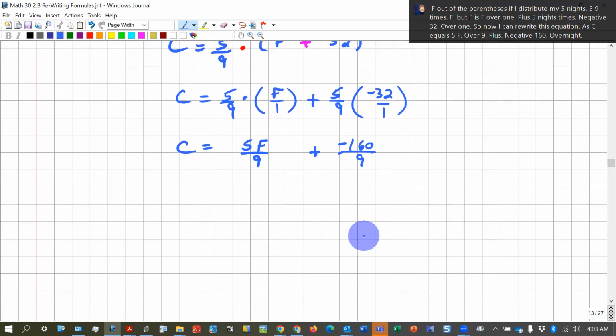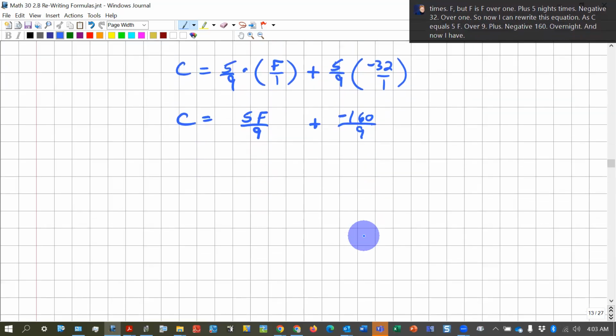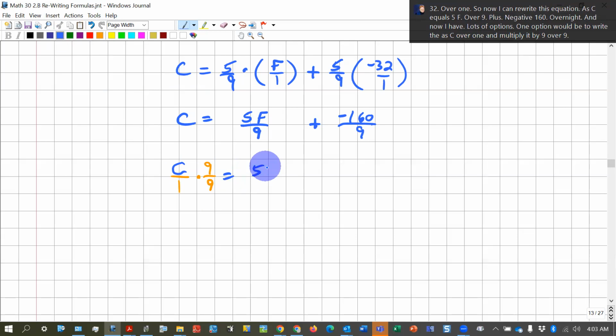And now I have lots of options. One option would be to write the C as C over 1 and multiply it by 9 over 9 to get a common denominator for every term in the entire equation.